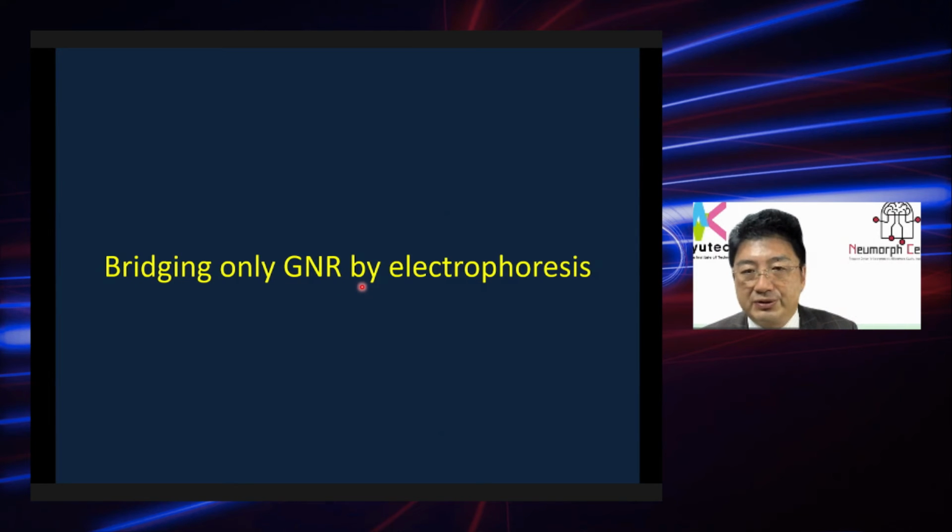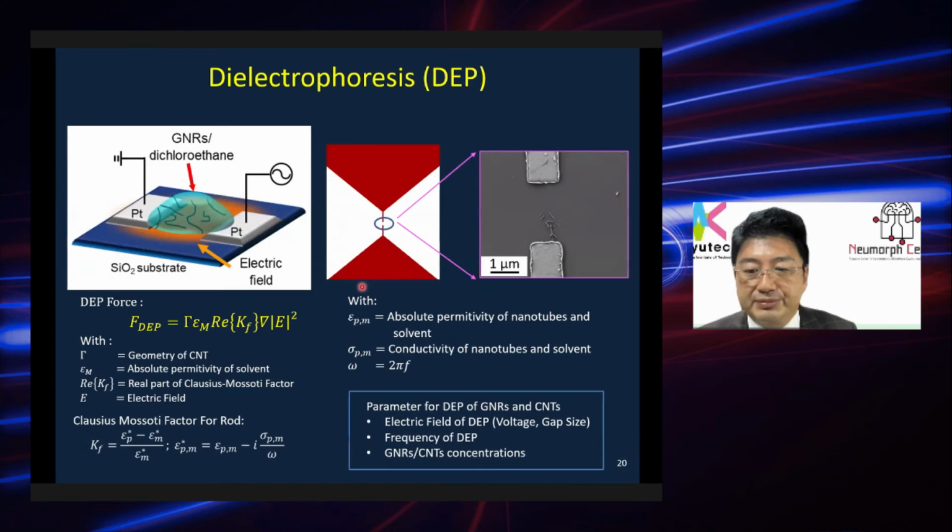So we wanted to find how to pick it up, and we focused on the electrophoresis DEP method. In the liquid, we apply an AC bias, so that some attractive force or repulsion force to the sample occurs because of the AC.